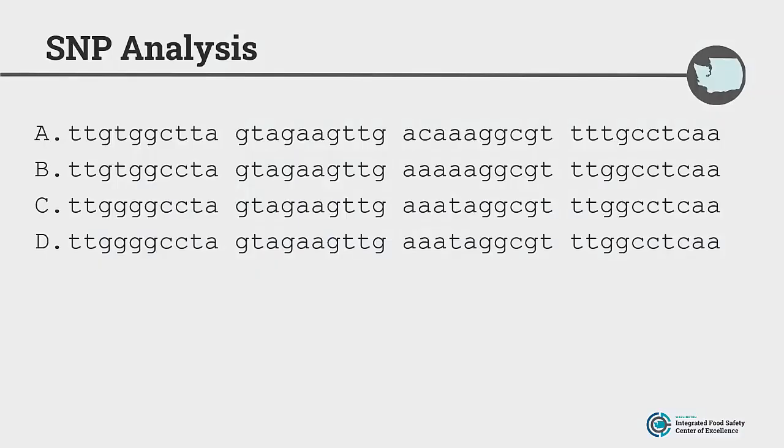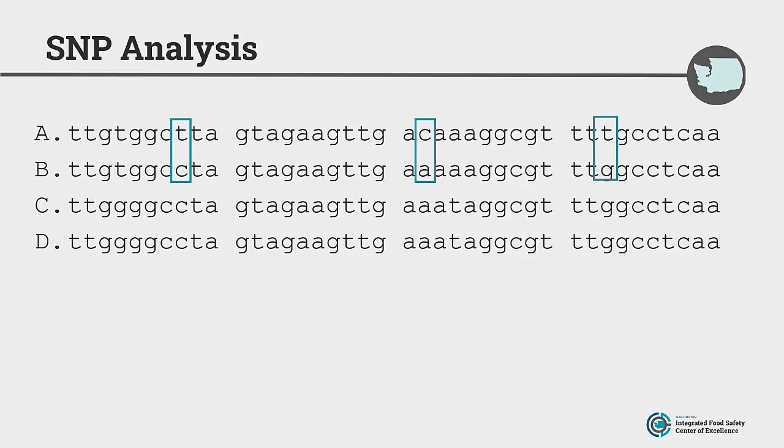So first, talking about SNP analysis, we have 4 sequences here, A, B, C, and D, and we have them all lined up together. And it's important that you line them up and get them aligned so that you're matching the right sections against each other. And then we're going to compare each sequence to every other sequence.